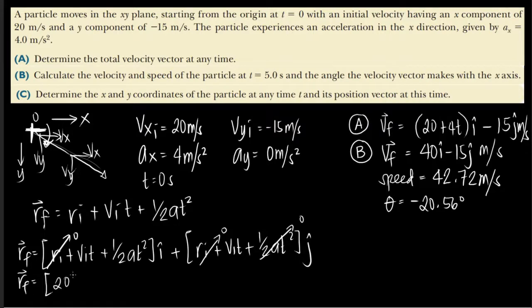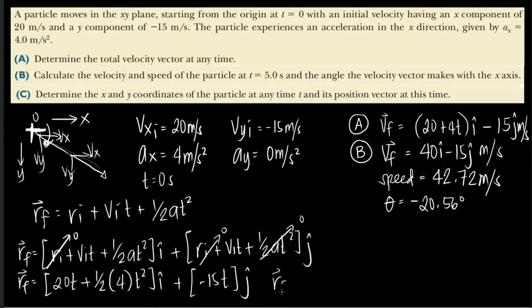VIT becomes 20t, because at any time t we have no value for t yet. 20t plus 1/2 times the acceleration in x, 4t squared, this is I. Plus VI for y was negative 15t, and this is J. We simplify: RF equals 20t plus 1/2 times 4, which is 2t squared, I minus 15tJ.